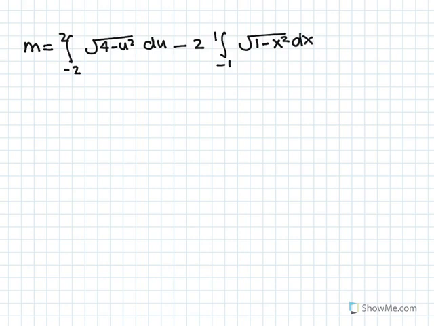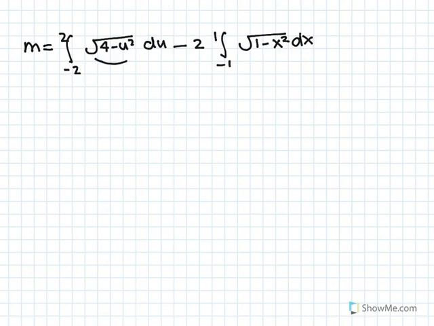Now we can solve these integrals using trigonometric substitution. For the first integral, we would do u is equal to 2 sine theta, and for the second integral, x is equal to sine theta. But that's a lot of work. So let's apply a shortcut. Let's apply geometry to solve the two integrals.